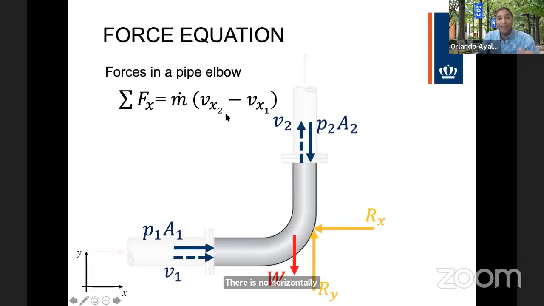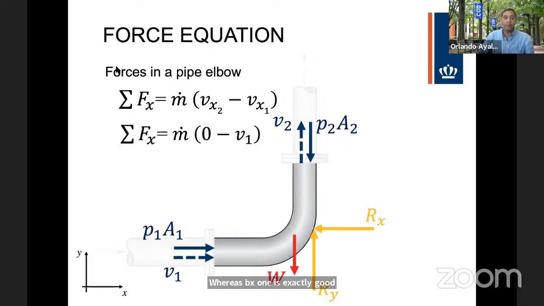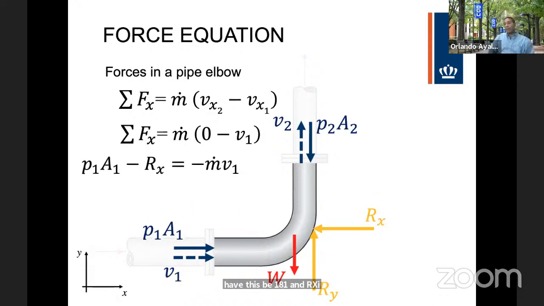Therefore, Vx2 is equal to 0, whereas Vx1 is exactly equal to V1. Now, regarding the forces in this direction, the only two I have are P1A1 and Rx. I plug them in, and this is the equation I have.